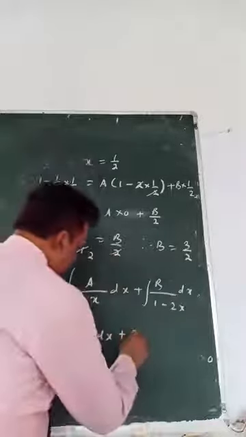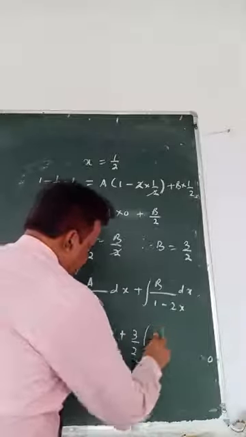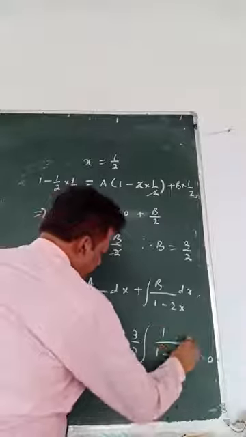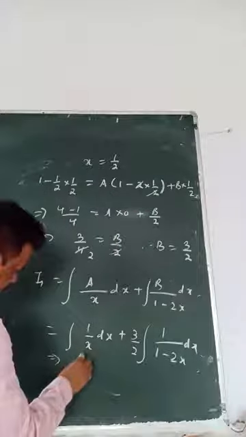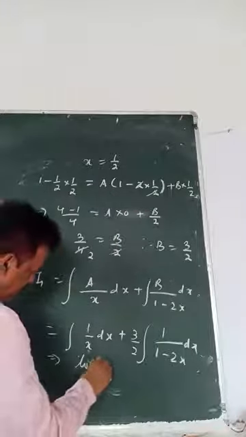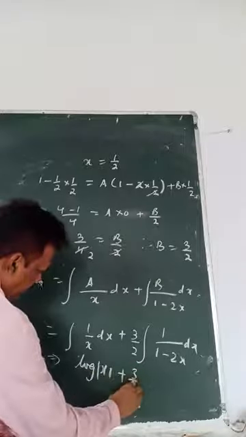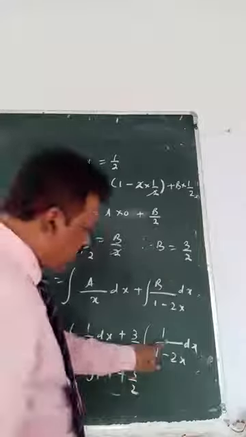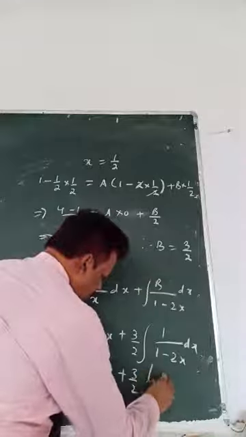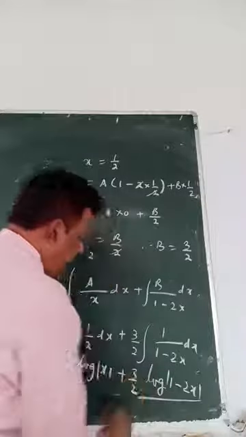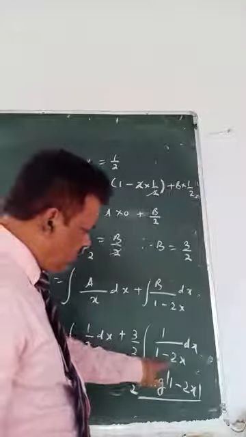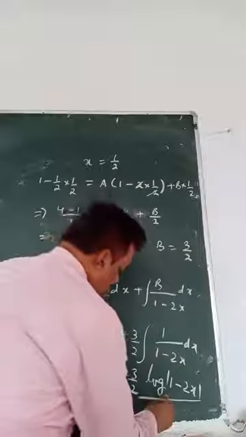Keep 3 by 2 here. This is log x. So many times you are using this, try to learn it. This is also log of (1 minus 2x), divided by the derivative of (1 minus 2x), so you have to divide by minus 2.